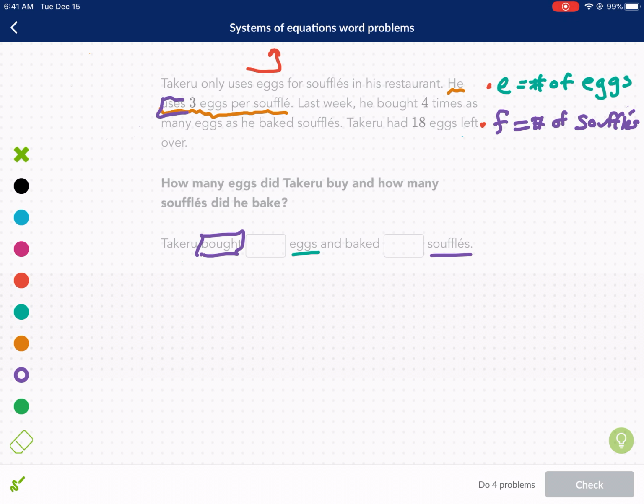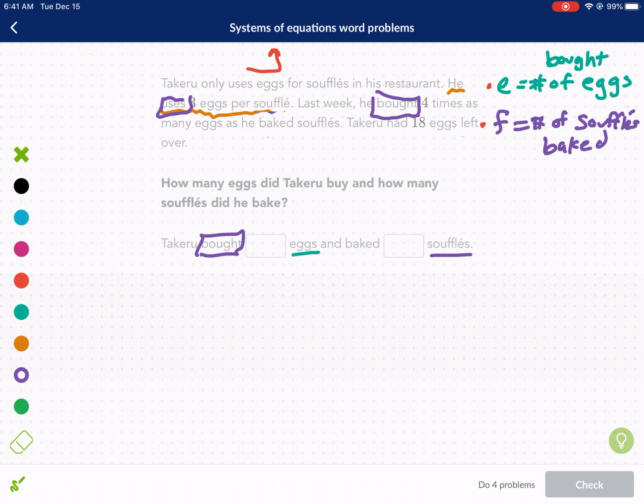And that's why this one's tough, because I guarantee some people made mistakes in this one. Because you might form an equation based on used, but it's bought eggs. That's the variable. Number of eggs bought. I should write that up there. And then number of souffles baked. That's very important.